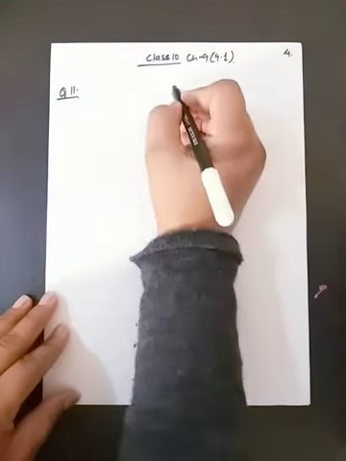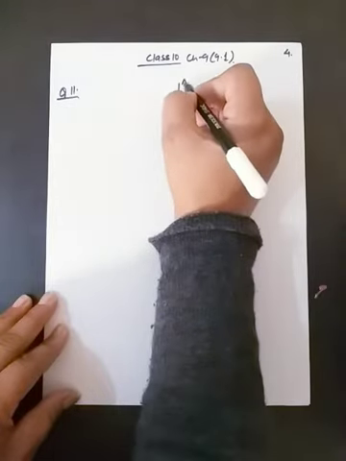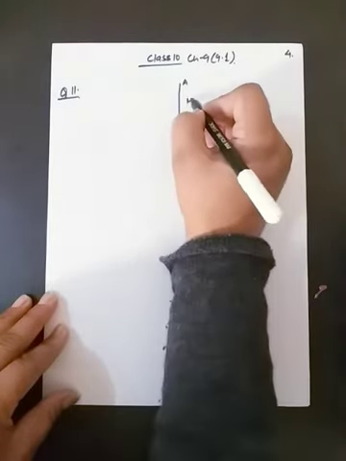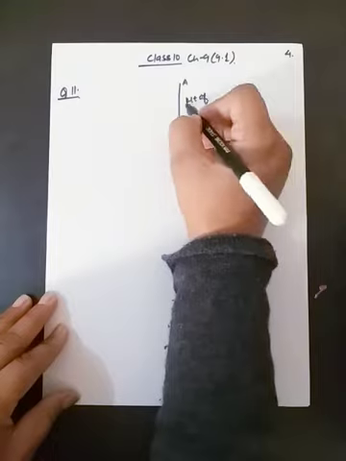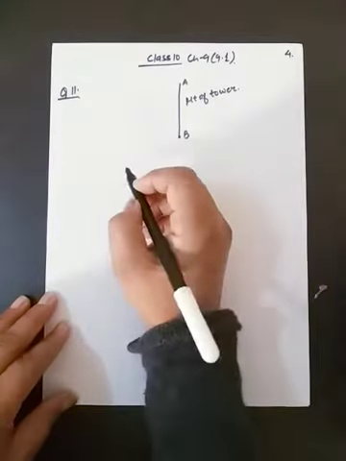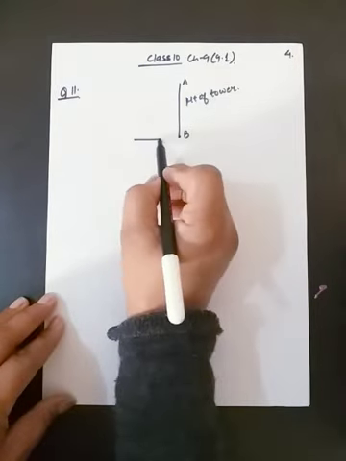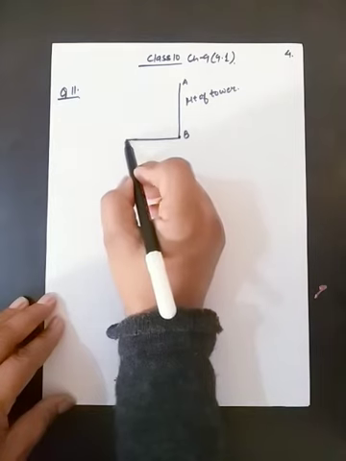So in this question, let us assume that AB is the height of the tower. Now BC represents the width of the canal.